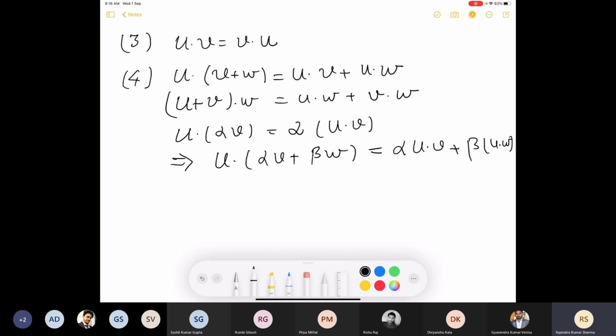And because of the commutativity, that u dot v is same as v dot u, you can interchange also, and you can see that alpha u plus beta v dot w is also same as alpha u dot w plus beta v dot w.